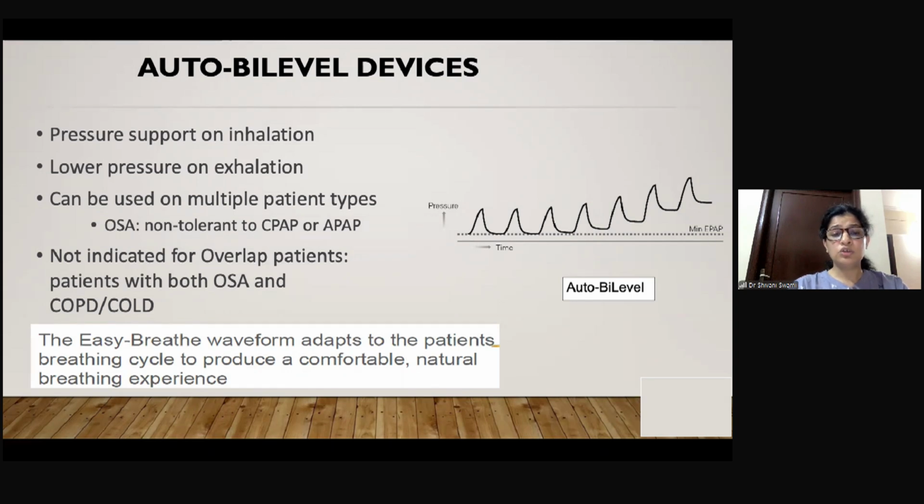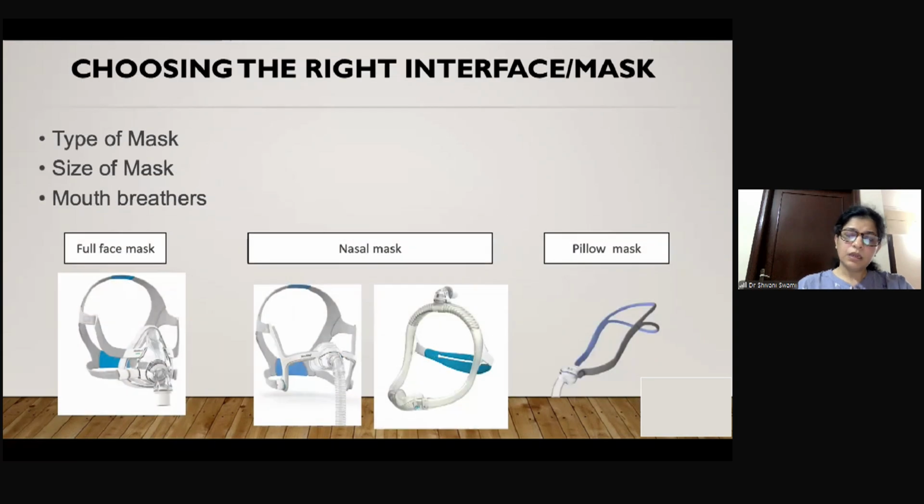Of course, those who are non-tolerant to CPAP or auto CPAP, patients who also have concomitant heart failure or obesity hypoventilation, but definitely not indicated in patients with an overlap of OSA and COPD or lung diseases, because in these patients, it may actually sometimes lead to hyperinflation of the lungs. So that is a word of caution that we must really practice, because maybe a lot of our patients may actually be suffering from this overlap.